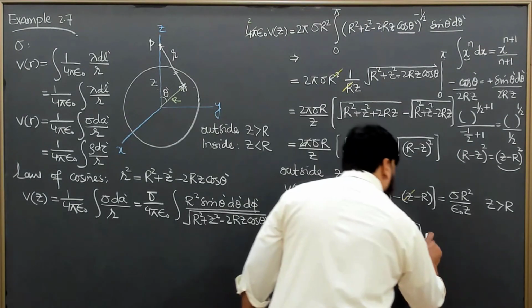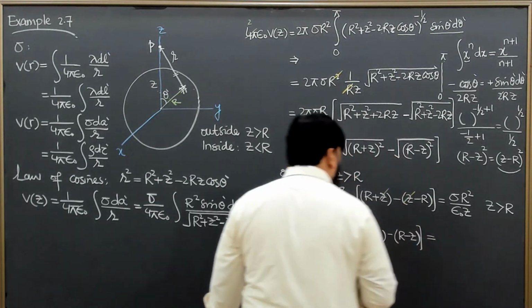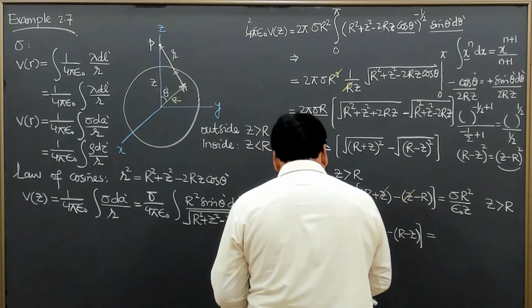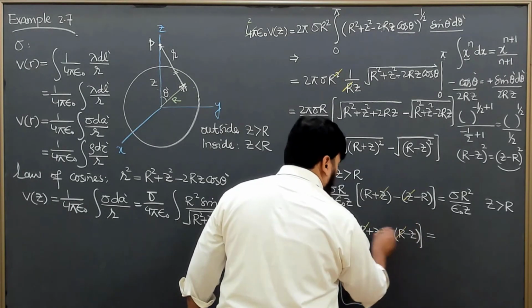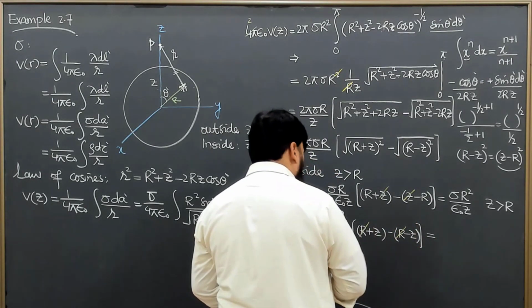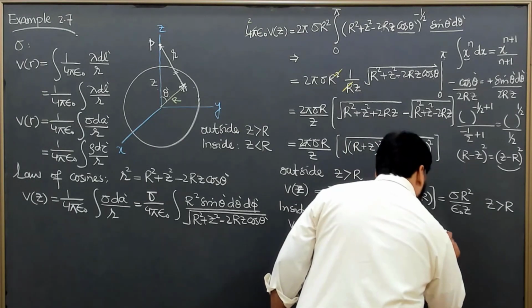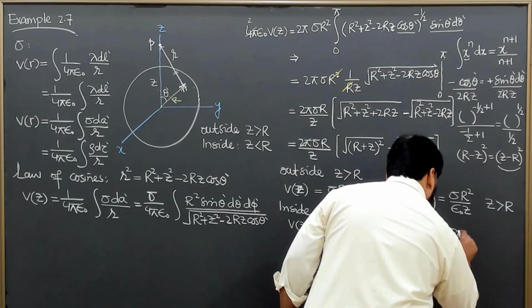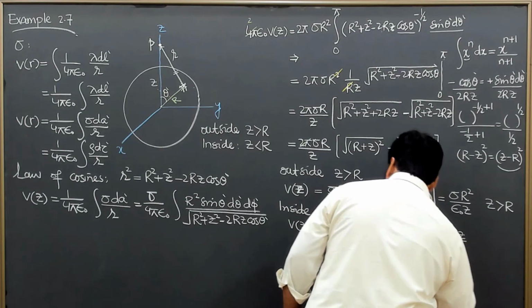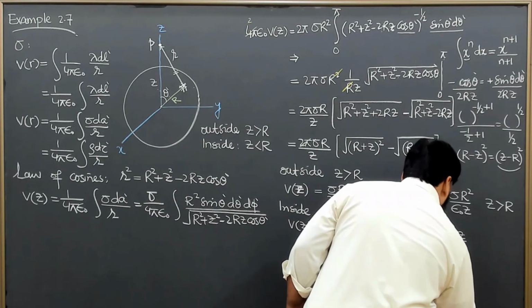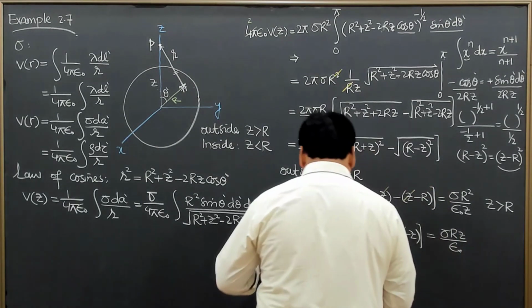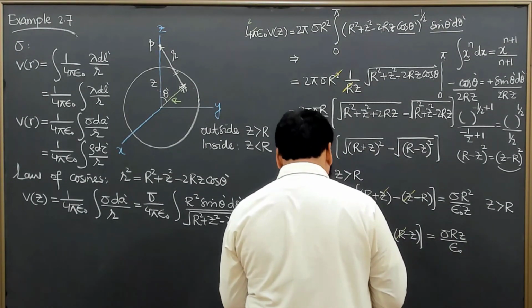Then the r and r are cancelling with each other, and z will remain as 2z, 2 will cancel with this one, and we will have sigma r z divided by epsilon naught, because 2 will cancel with this.